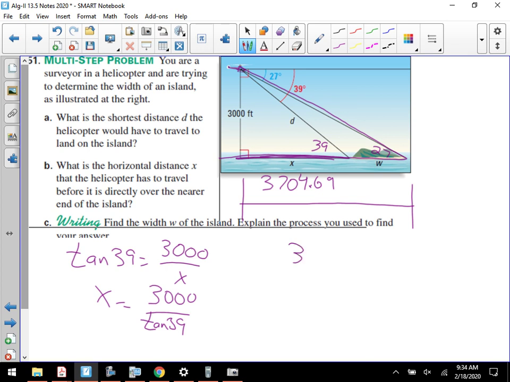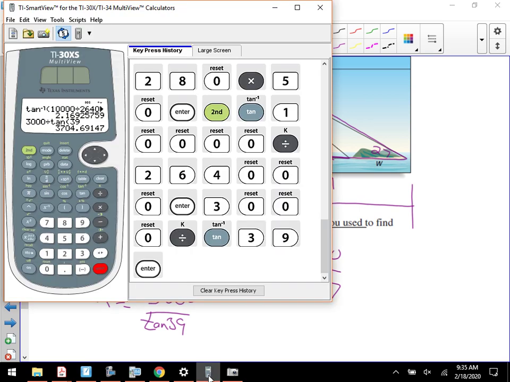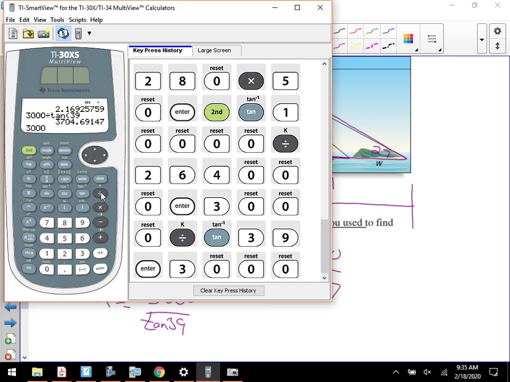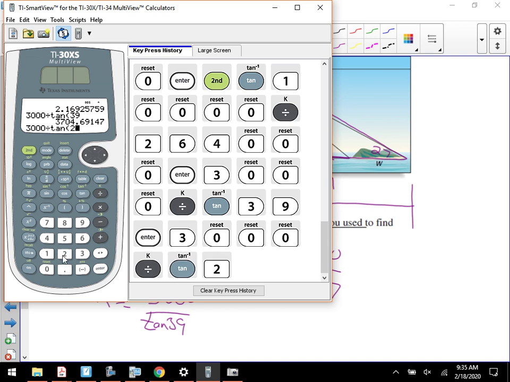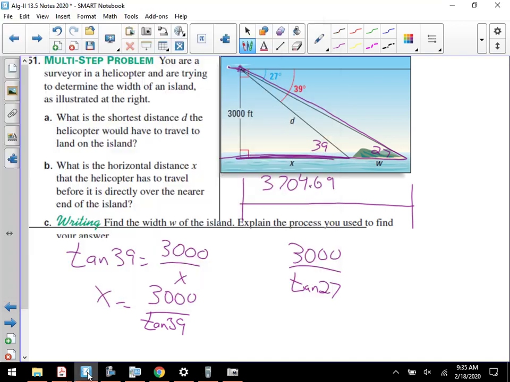So you'll have 3,000 divided by the tangent of 27. And that gives me 5887.83. And I subtract those two.